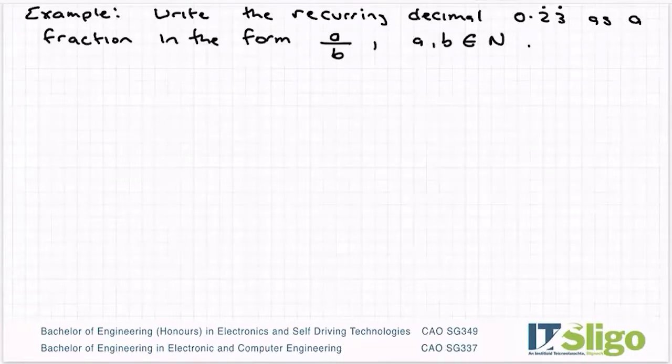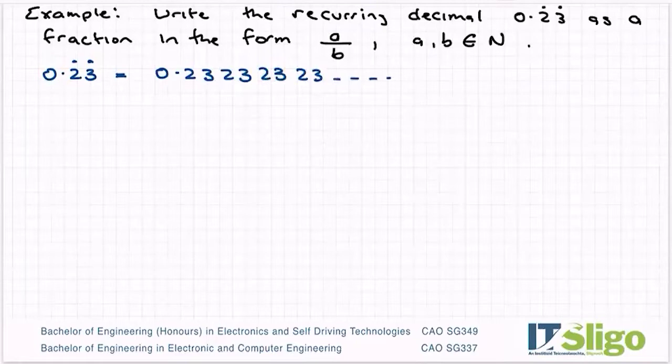I always start by writing out the reoccurring decimal. So it's equal to 0.232323, and so on and so forth. Let's then break it up some more. So it's 0.23 plus 0.0023.